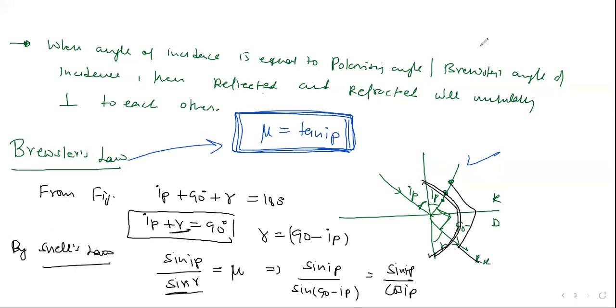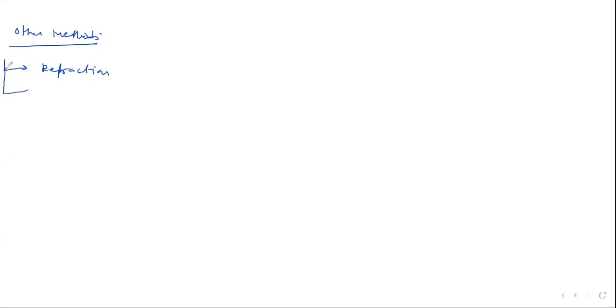Okay, now see, apart from reflection, we have other methods by which we can get polarized light. They are not much important, but I'm writing them here. We can get it by refraction also. We can also get it by scattering of light, and by double refraction.